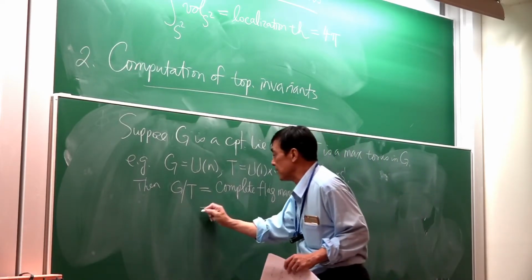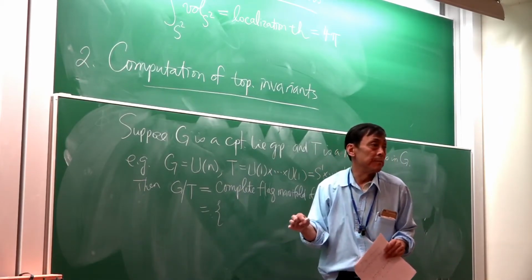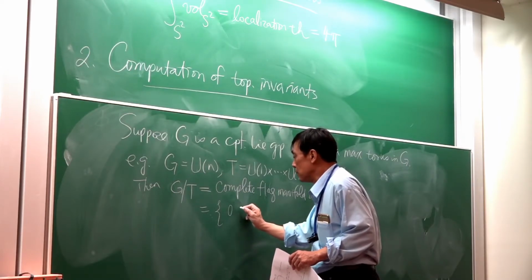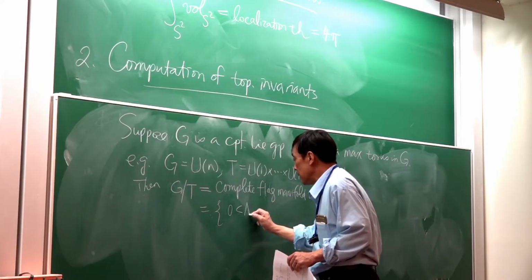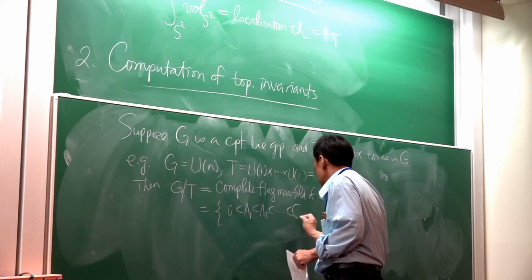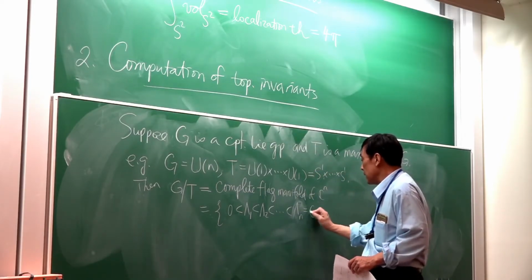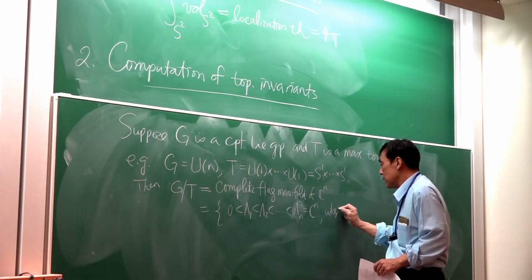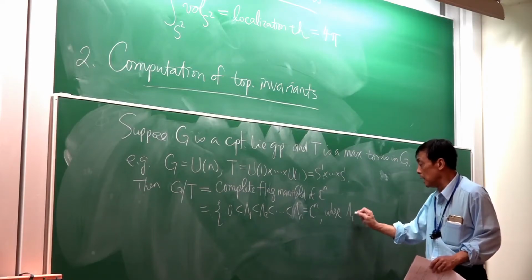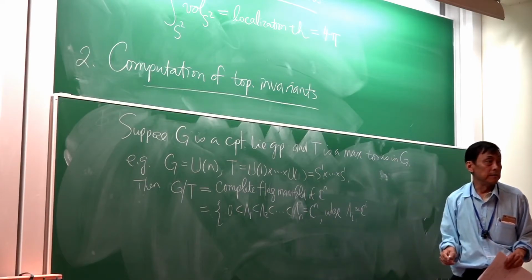What that means is that a flag is a sequence of subspaces: 0 is in lambda 1, is in lambda 2, ..., is in lambda n, which is Cn, where lambda i is just some i-dimensional linear subspace.